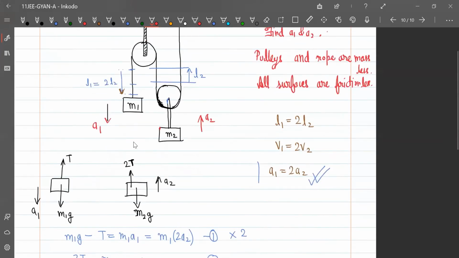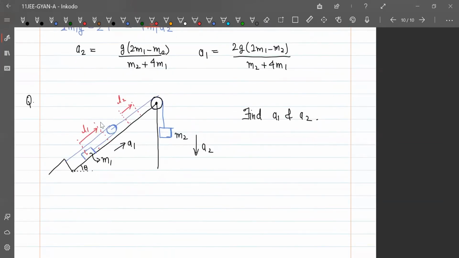So it's the same way, just यहाँ पे related the, मुझे दोनों साइड ऐड करना पड़ेगा L2 distance. So then I can write L1 is equal to twice of L2. That will give me A1 is equal to twice of A2. Yeah, Vaishnavi, your answer is correct. Now you solve for A1 and A2.